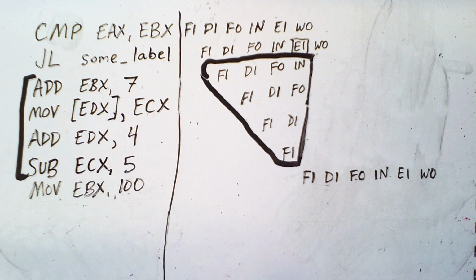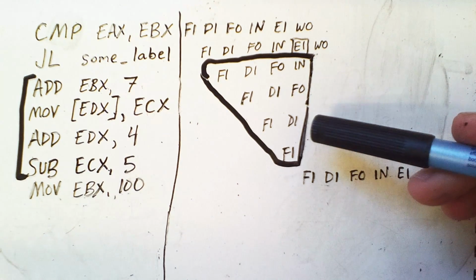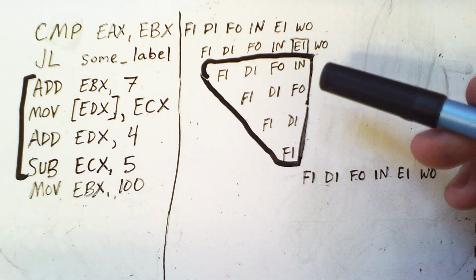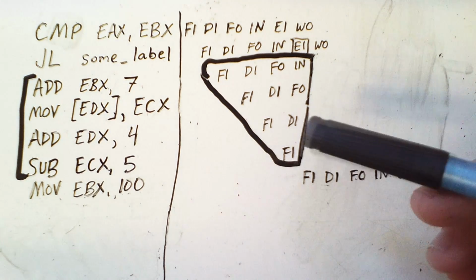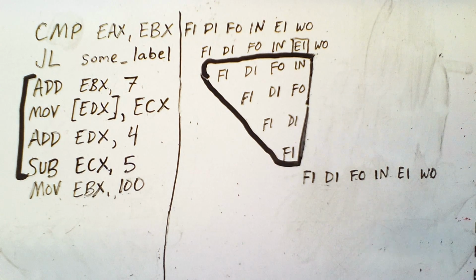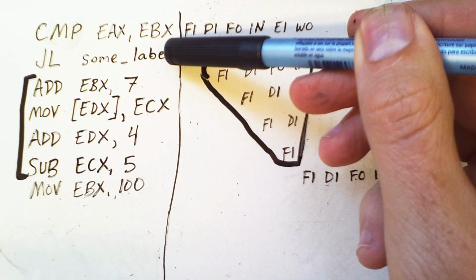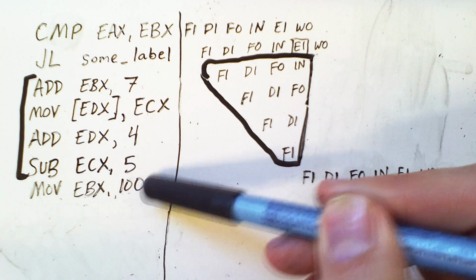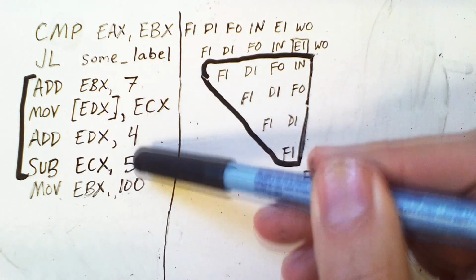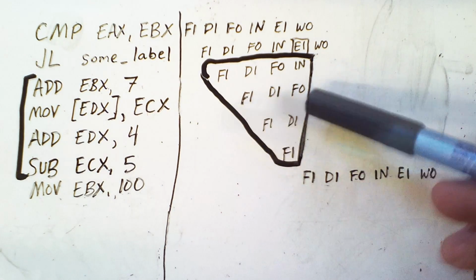So what we're seeing here is the sequence of pipeline stages that were actually executed as opposed to how they're laid out in the static code. So in terms of instructions, this instruction executed to completion, this one executed to completion, and then this one executed after that. None of these executed to completion, but portions of them did execute in the pipeline.